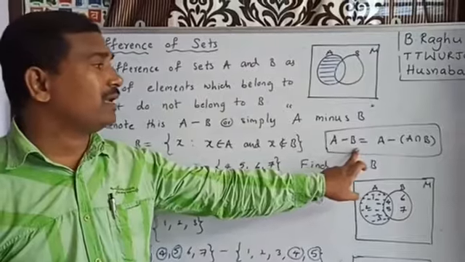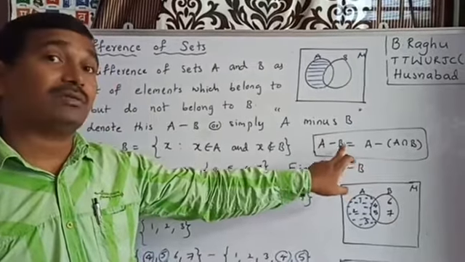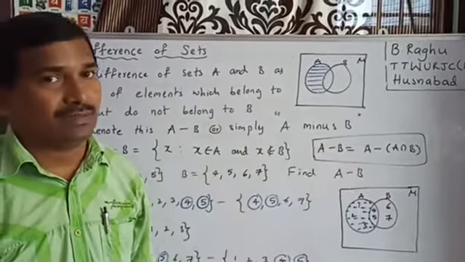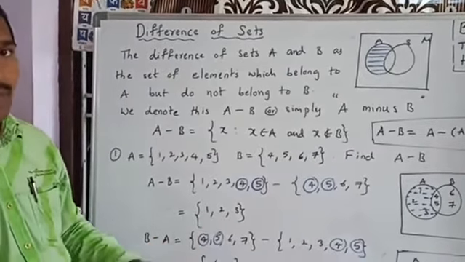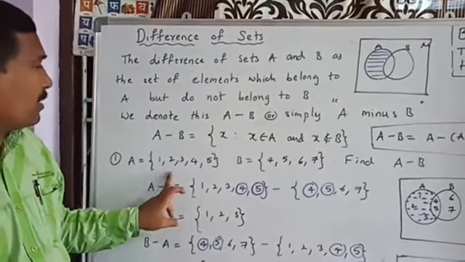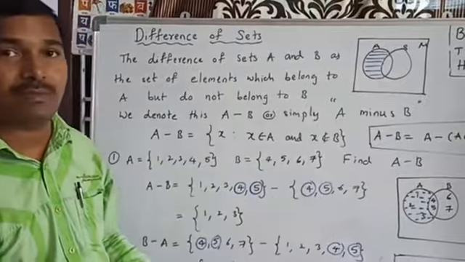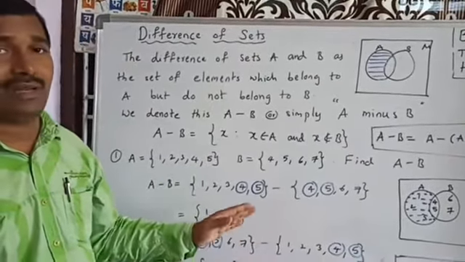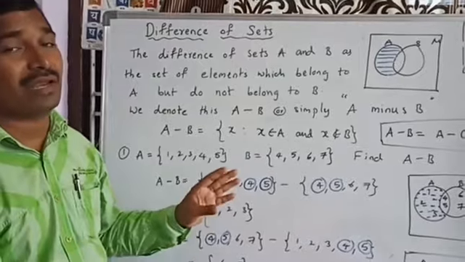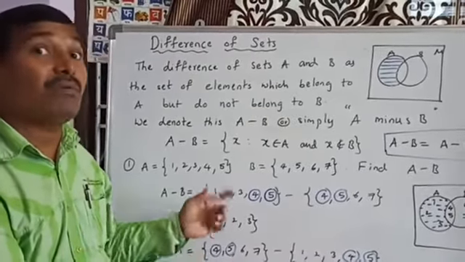A minus B means any element in B that is also in A, remove that. Simply subtract, removing. Let us see one problem, A and B. Let us find A minus B, B minus A. It is like intersection, but we are eliminating intersection elements from A.